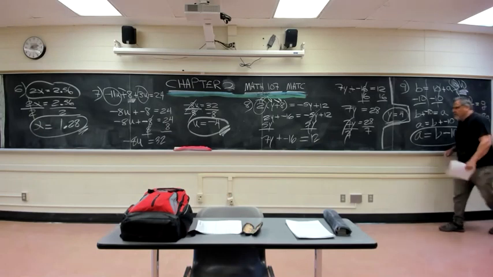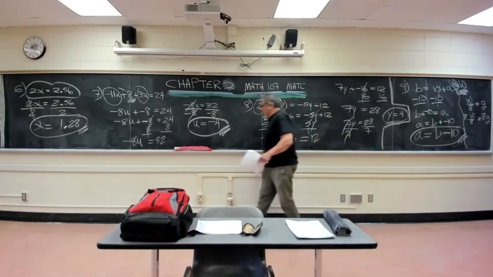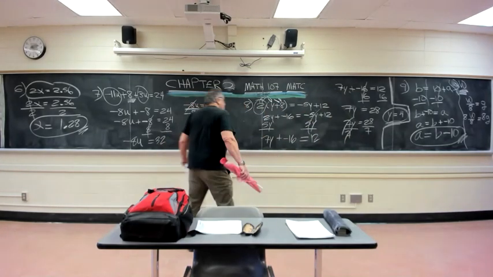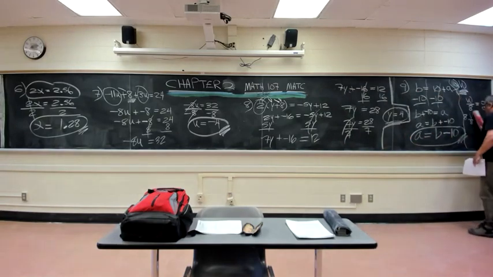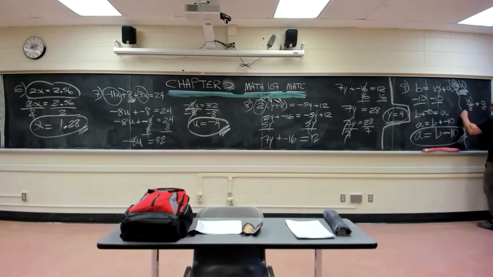Let me do that over. That was kind of a pretty important point to make on this. So when you're looking at this, if you got W over 8 equals G, if you multiply by 8 on each side, the 8 cancels.